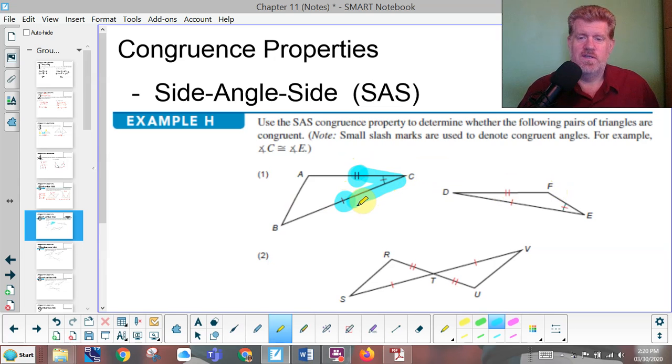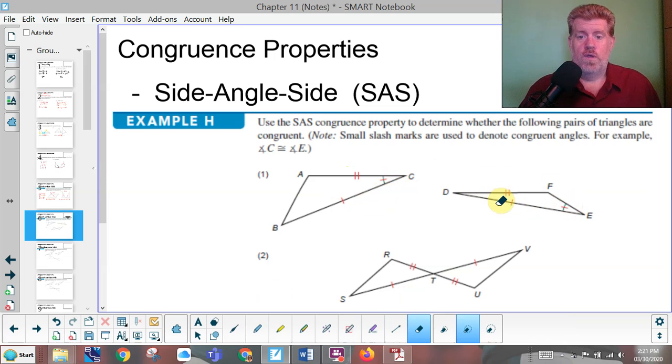Okay? Now, if you look at this one right here, notice these 2 sides. The angle D is not known. They say the angle E is that size. Okay, then we don't have a correct property, side, angle, side, but this is, no, it's got a bad name, but we'll talk about that later.